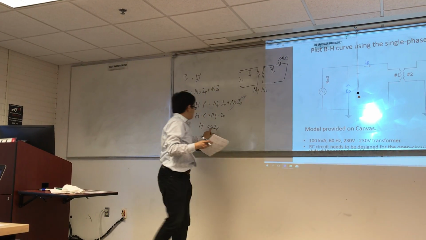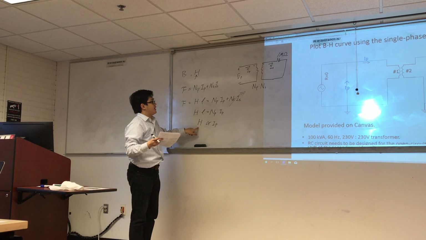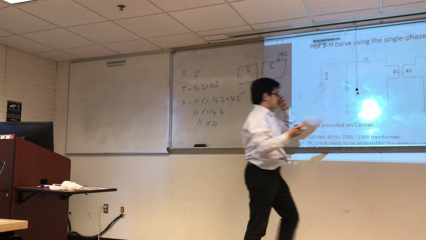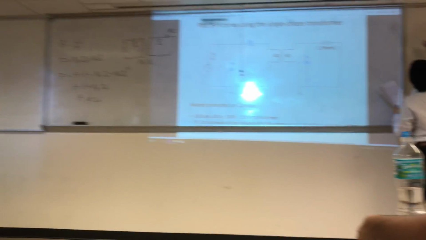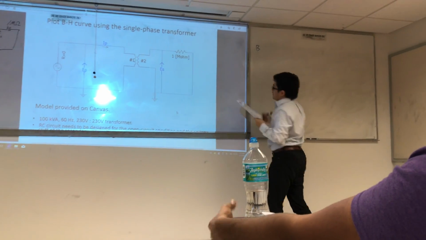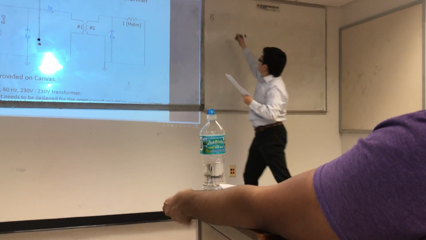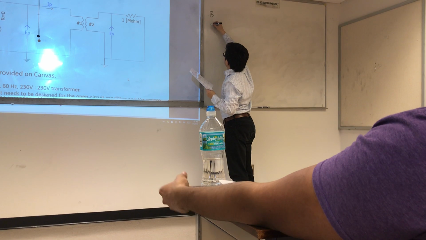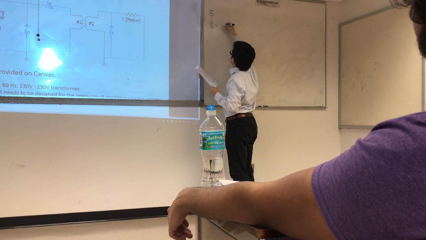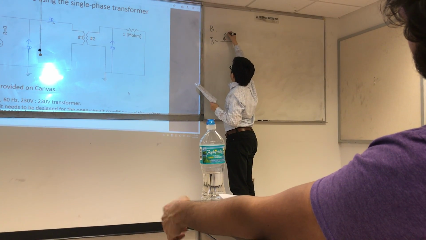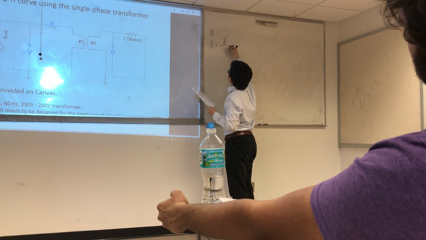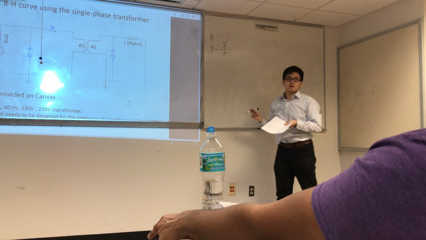Okay, so we use the primary side current to replace H. Next, how to replace B, the flux density. We know this equation: B equals phi divided by the cross-section area.